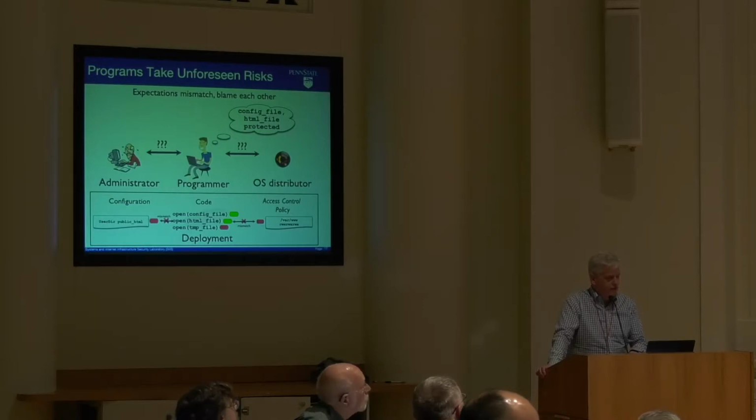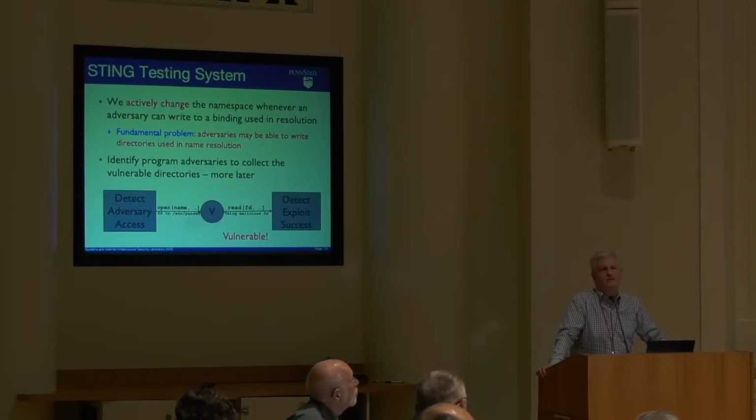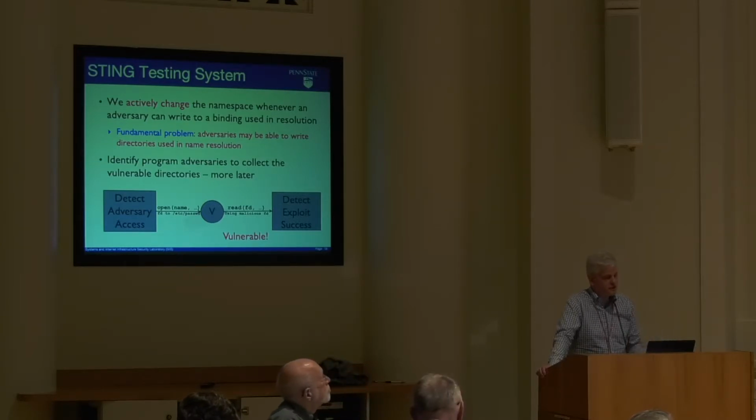So let me talk a little bit about how we detect these things, and then we'll come back to preventing them. So, we did some work on building an analysis tool to test programs for these problems, to understand basically how prevalent these sort of mistaken attack surfaces were in existing Linux systems.